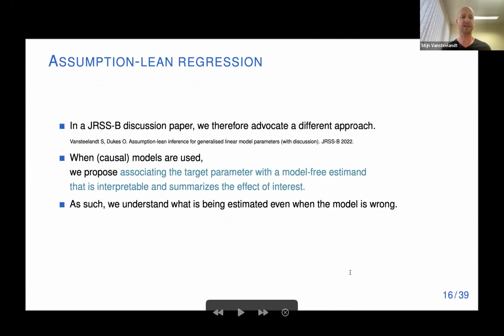The key point here is that when we use statistical models or causal models, we view the starting point as coming up with a model-free estimand that we can associate with the target parameter, which may be trying to capture treatment effects. And the model-free estimand that we come up with, we hope to construct in such a way that it's interpretable, and also that it summarizes the effect of interest.